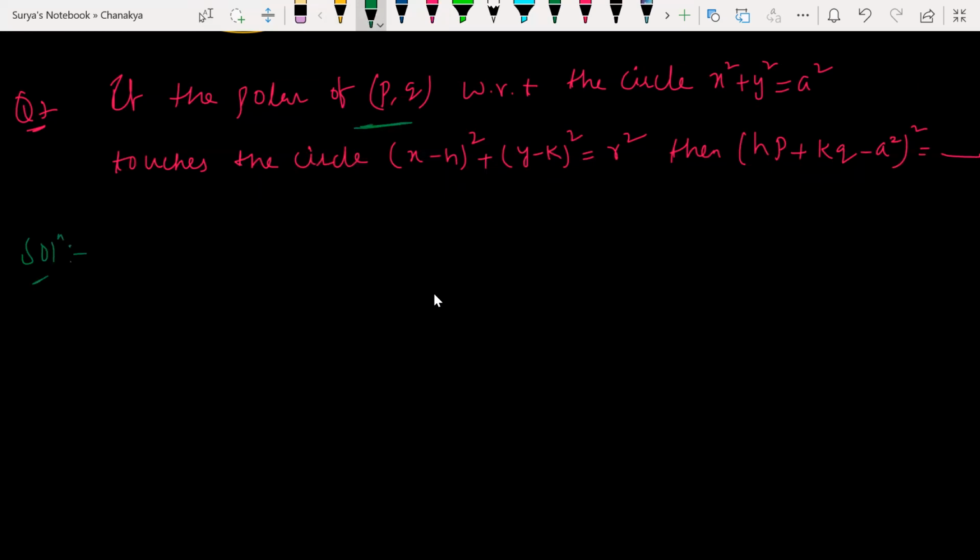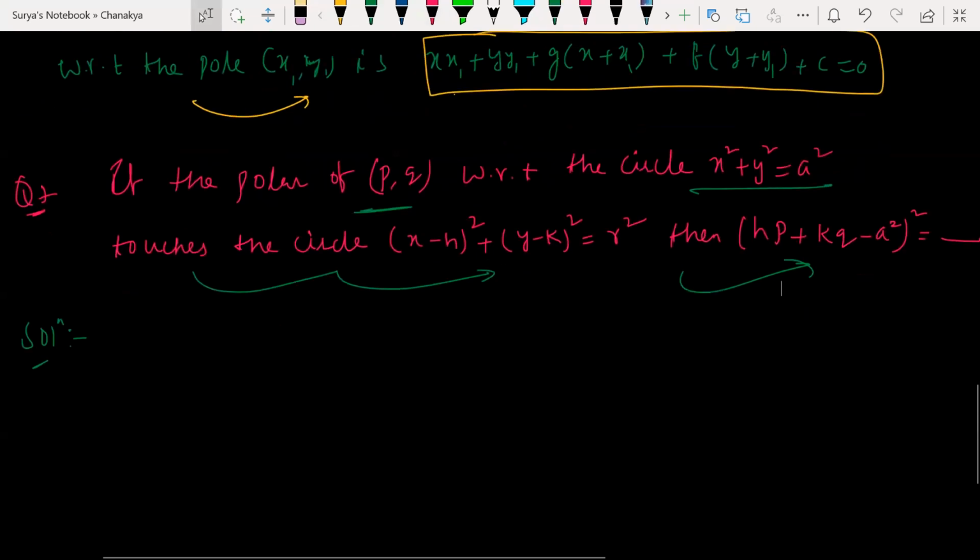Look at this. A polar of PQ with respect to a circle touches the circle. Then what is this answer? We know the formula.